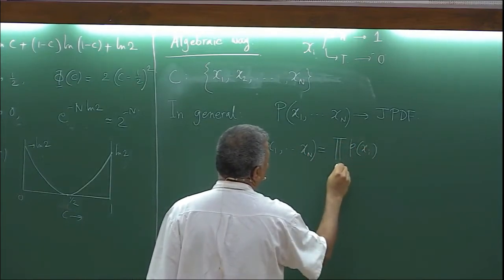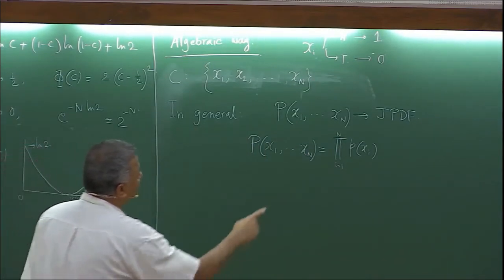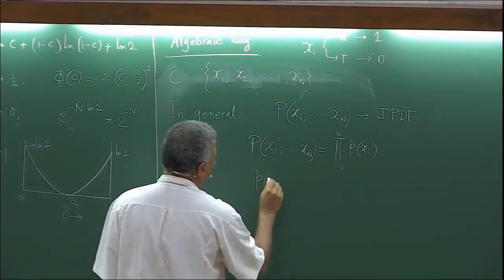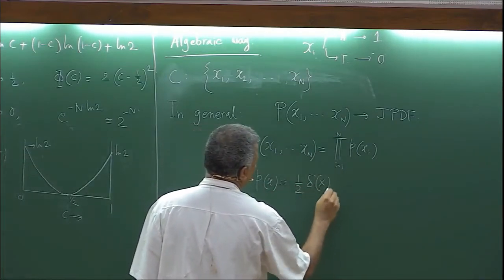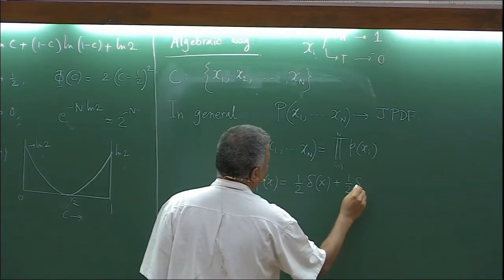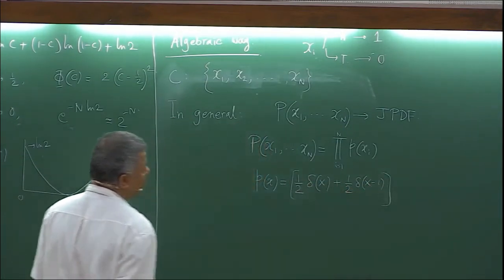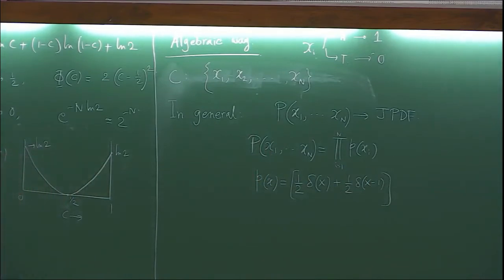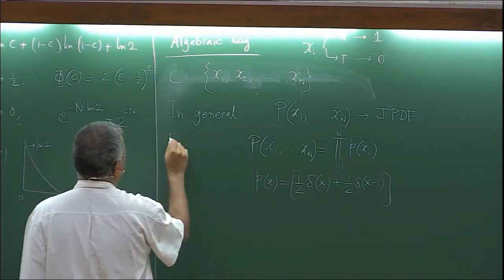It factorizes into n individual probability distributions, where this little p of x is just half delta of x plus half delta of x minus 1, because with probability half it's 0 and with probability half it's 1. So this is p of x. This is the example.